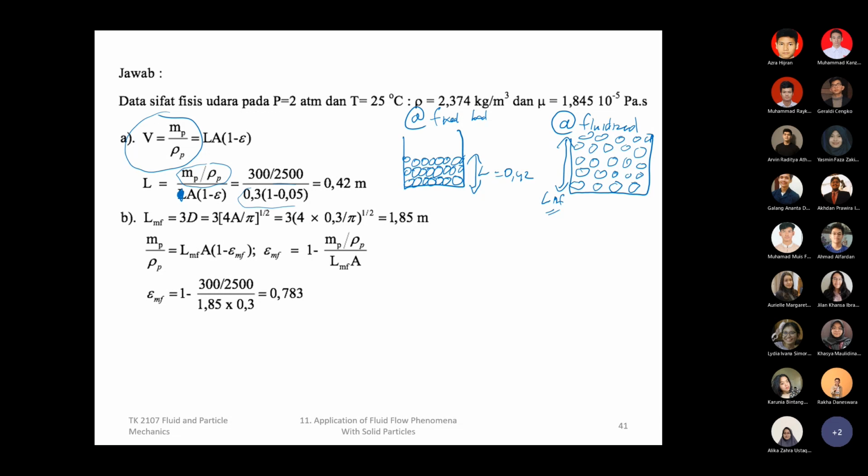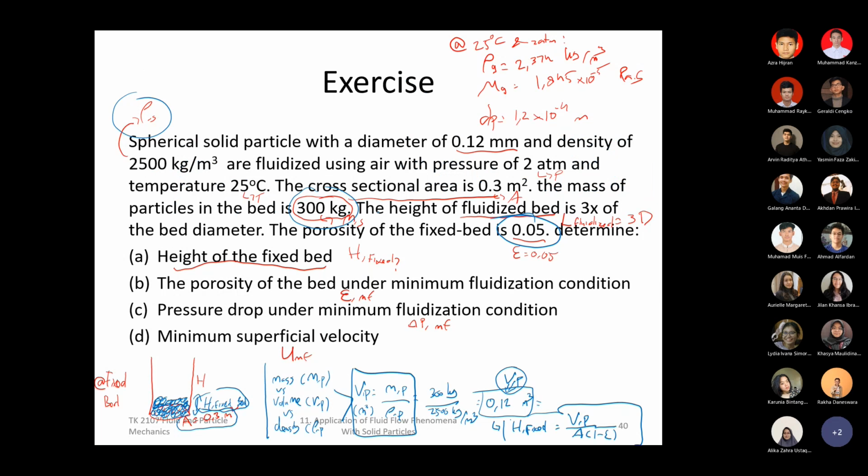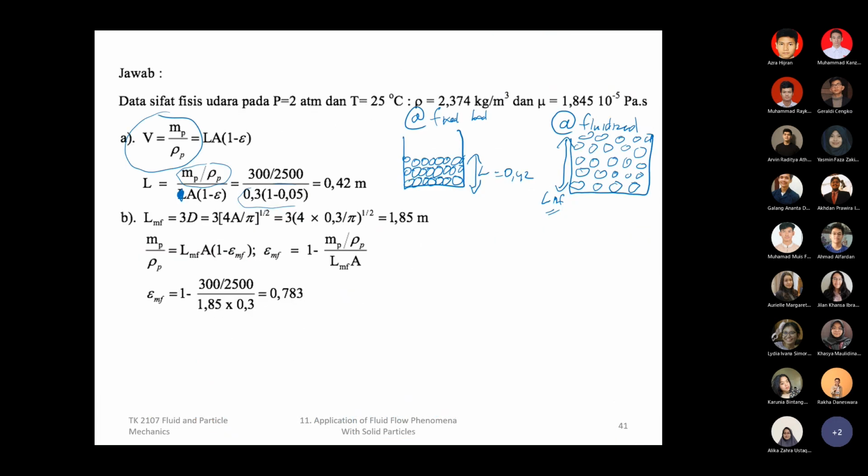It was known that after fluidization, the height of the fluidized bed is 3 times the bed diameter. In fluidized state, the LMF becomes 3 times the diameter of the vessel.